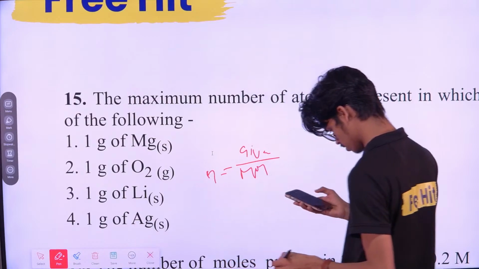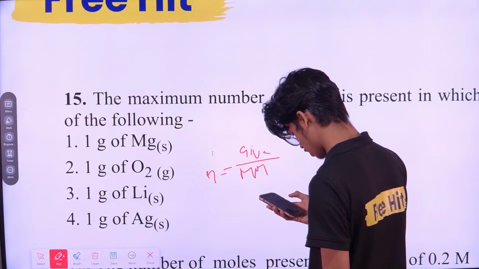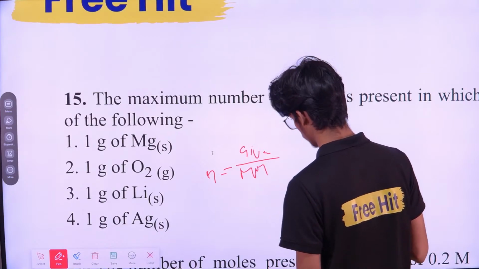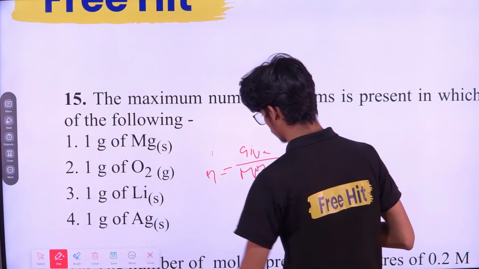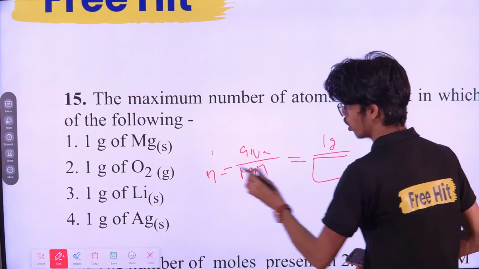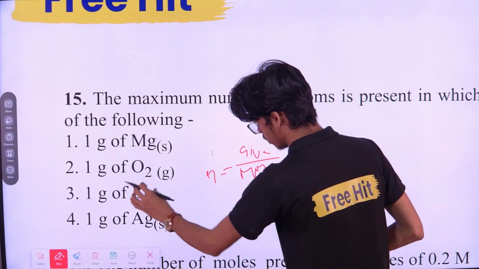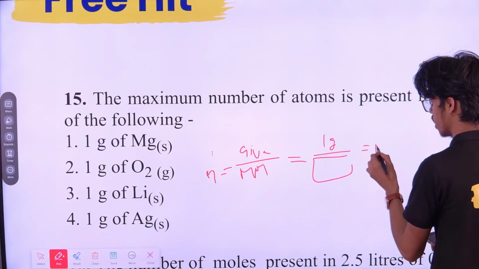Okay, nobody has answered this question. Okay, option number 4. Priya Jyoti, you have answered option number 4. Option number 4 is not the right answer. See, the given mass for all of these is 1 gram. So everybody has 1 gram, and it is going to be divided by their molecular weight: Mg, O2, lithium, Ag. It is going to be divided by some number to get the number of moles.